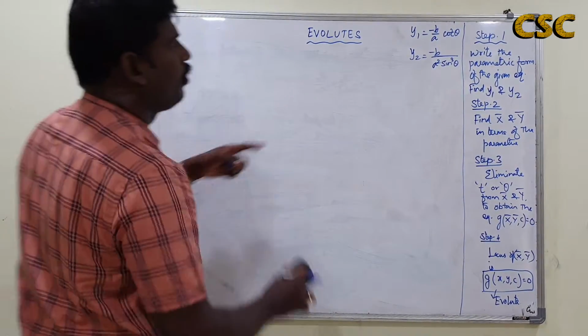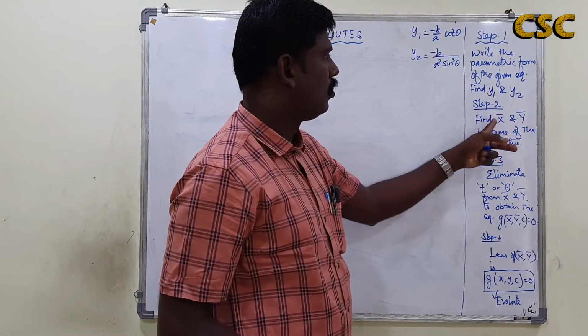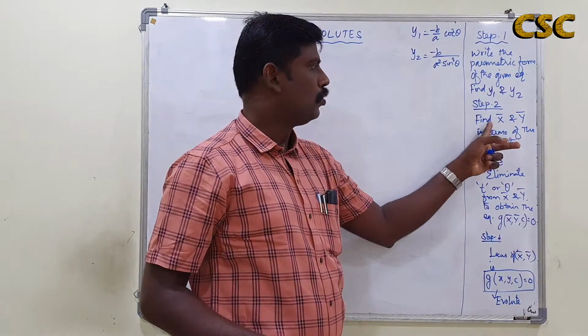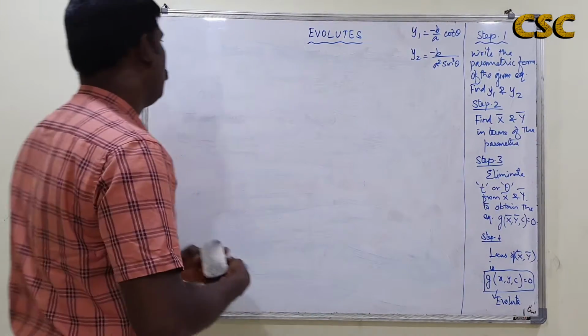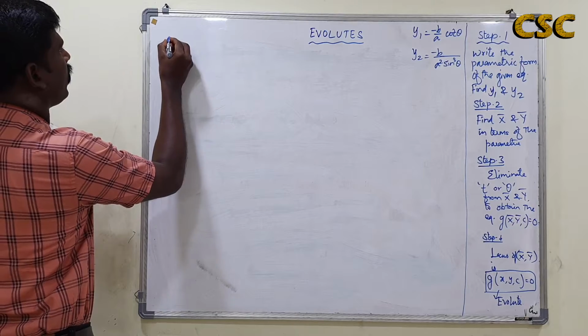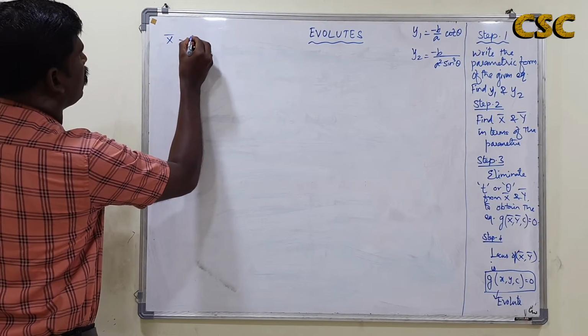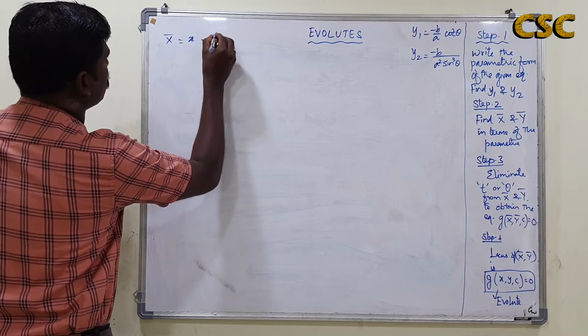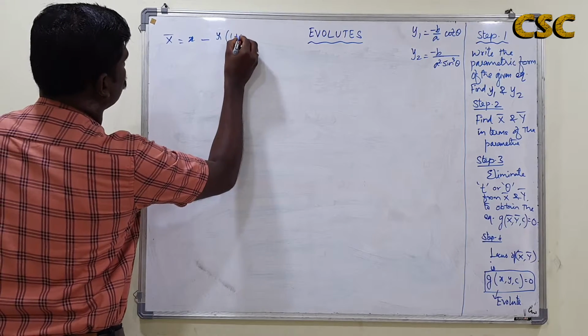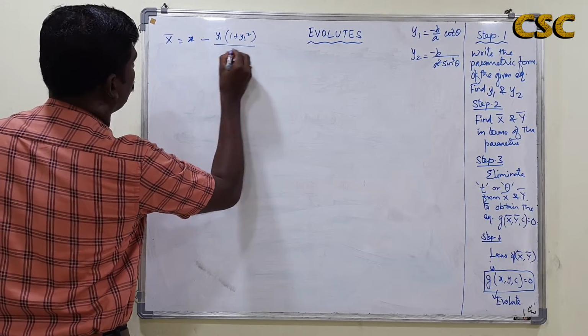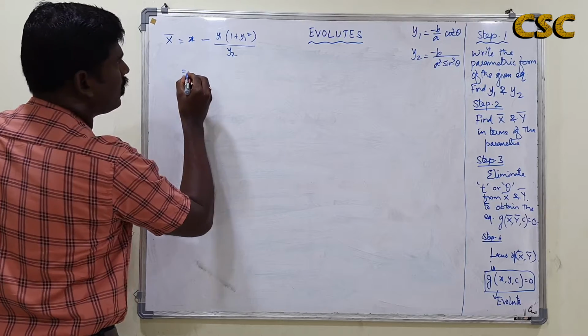So I found y1 and y2. Now I am going to step 2 to find x bar and y bar. Using y1 and y2 we can find x bar and y bar. What is x bar? X bar is given by the formula x minus y1 into 1 plus y1 square divided by y2. What is x?